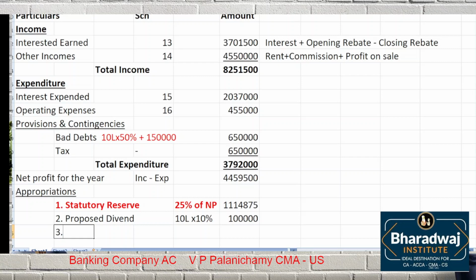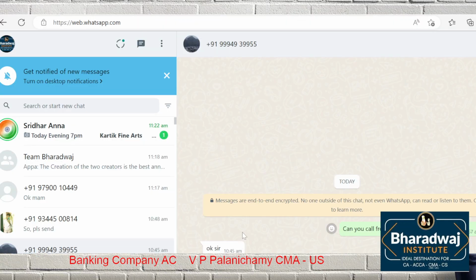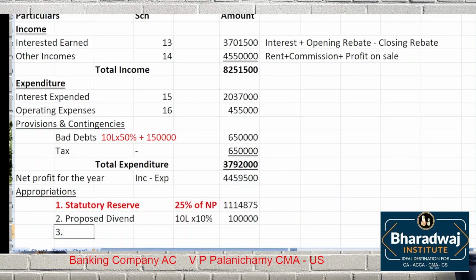So interest earned, we got 37,01,500. Other incomes, rent, commission, profit on sale of investment. Interest expended 15, 20,37,000. Operating expenses, just add up all those depreciation, legal charges, audit fees, all the operating expenses that is explained. 4,55,000.